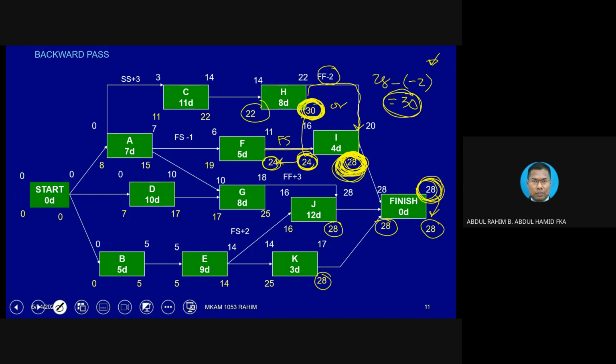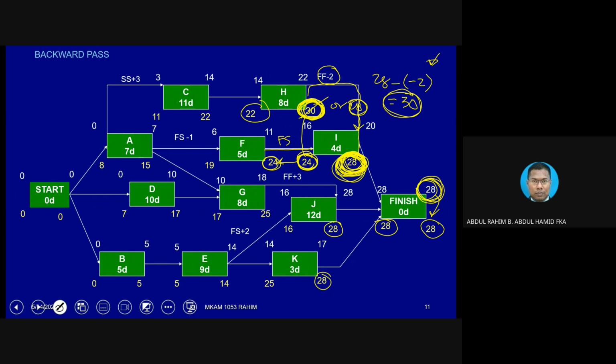This 28 is the project completion date, and the project cannot go beyond 28. So 28 is the one that we are going to consider. And 28 should be here instead of 30. That is a proper, logical consideration.